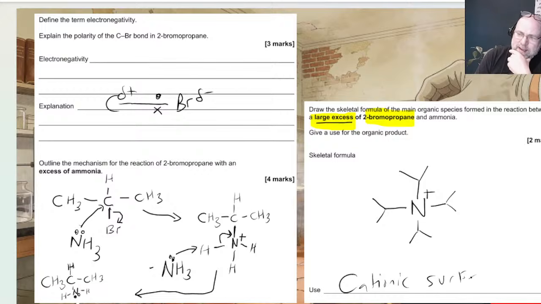Now normally this would be a bit of a poor cationic surfactant, this one here. What you would normally need is one of these. If you want to make a good one, you'd add a haloalkane with a really long carbon chain, so something like bromoheptane, so that you end up with 1, 2, 3, 4, 5, 6, 7, something like that.